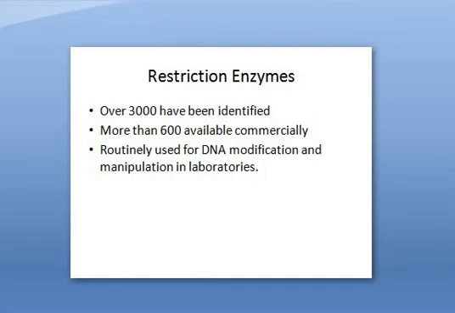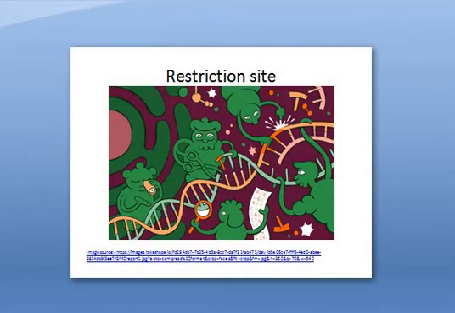More than 3,000 restriction enzymes have been identified, and more than 600 are available commercially. They are used to modify and manipulate DNA in laboratories. They are an essential tool for the recombinant DNA technique, or biotechnology.